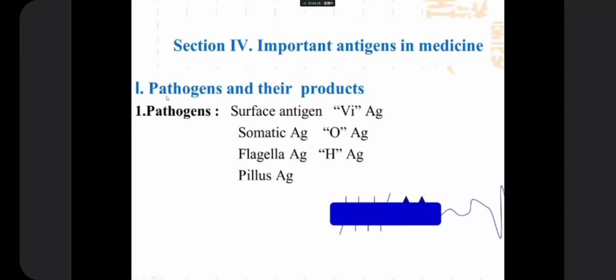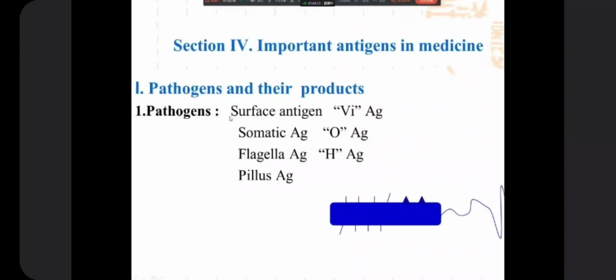Pathogens and their products are xenoantigens. Pathogens have different complements from human beings, so for human beings the pathogens are the best antigens. They have the best immunogenicity.